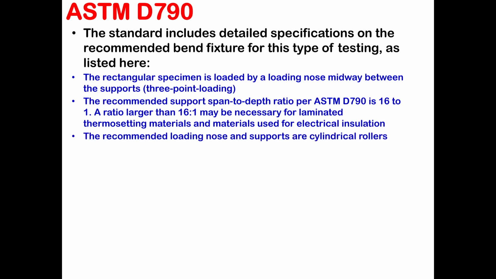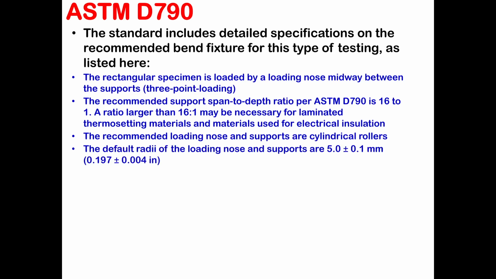The recommended loading noses and supports are cylindrical rollers, as you saw in the previous picture. In the previous slide, the default radius of the loading noses and supports is 5 plus minus 0.1 millimeters, or in inches 0.197 plus minus 0.004 inches.